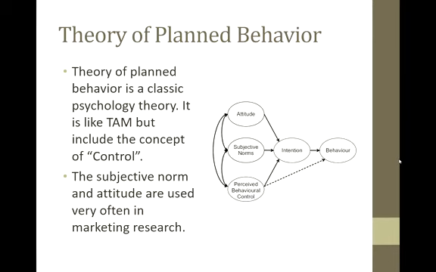You can put the same context into technology acceptance and why a person uses an iPhone versus not using an iPhone. What is the norm? What are the people surrounding them talking about? Are they like young hippie generations? Everybody's using iPhone, so if you do not use iPhone, you cannot use FaceTime, and you are left out: the subjective norm. And you feel like using technology, you have control.